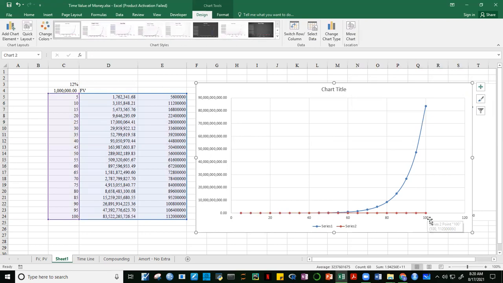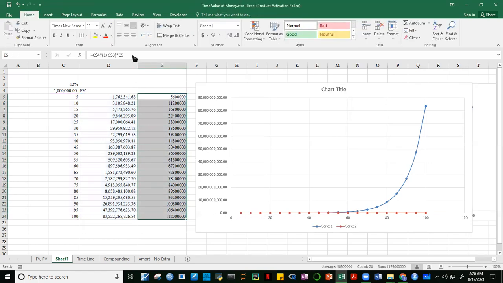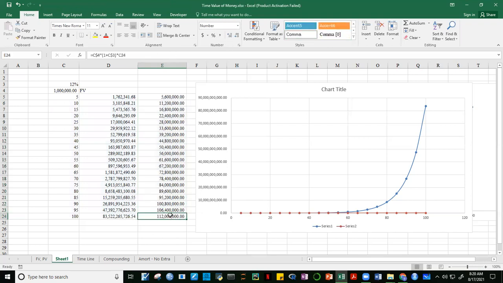Okay, sige, i-resolve ko muna to guys. I'm having a problem with my plot. Kasi I was expecting na at least dapat yung 100 naging 112 million, no? So halos parang straight line lang siya guys, no?